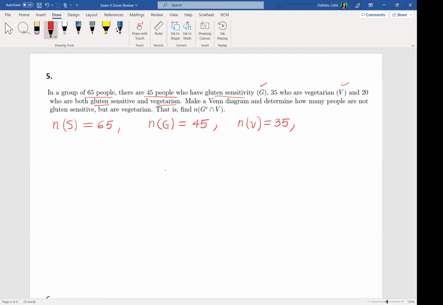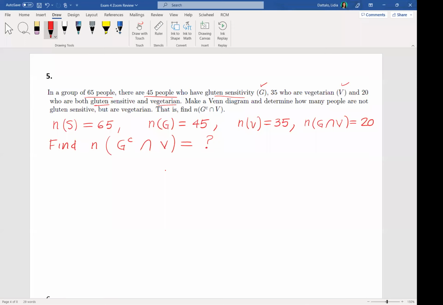So the number of G and V is 20. But what we really need to find is the number of G complement and V, not gluten-free and vegetarian. What is that equal to?